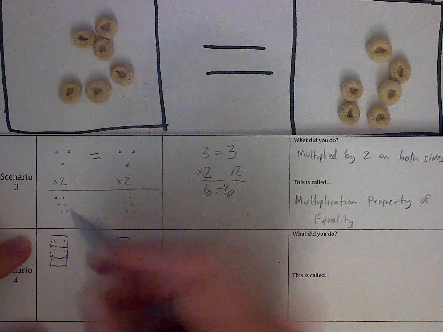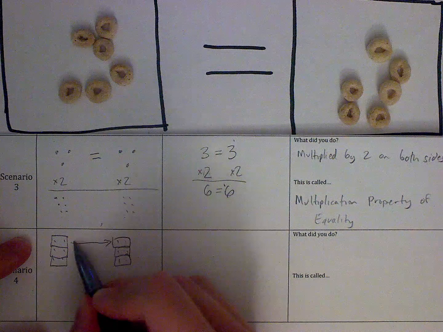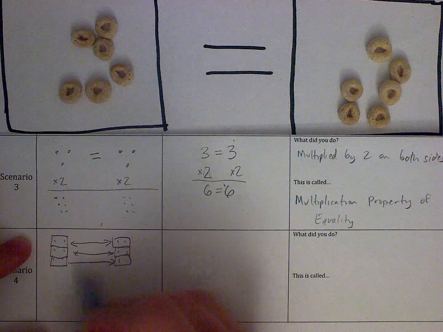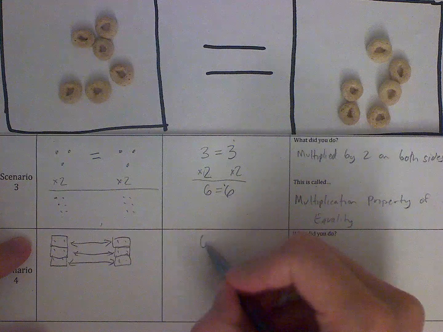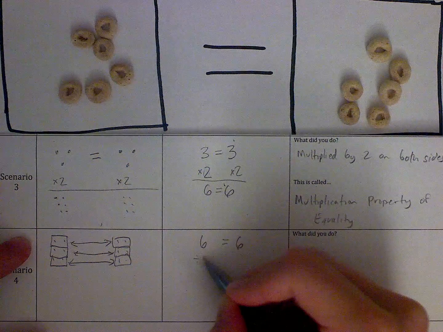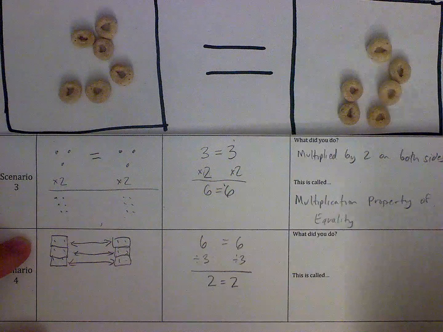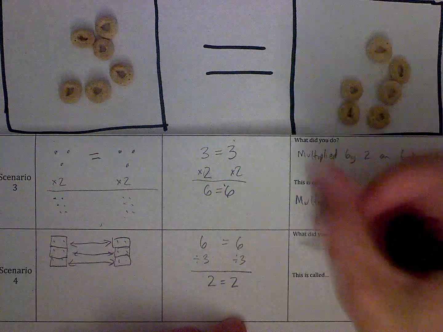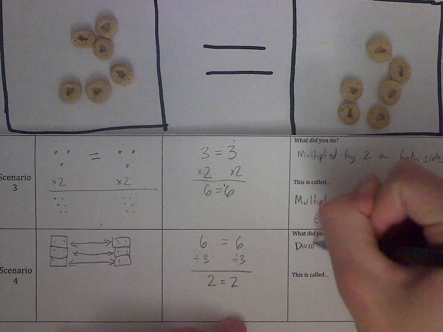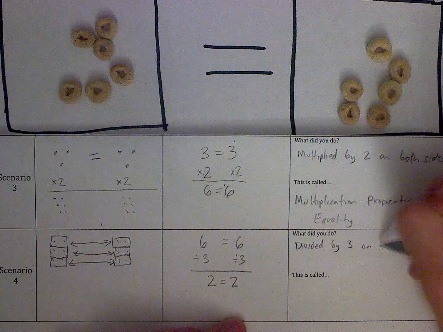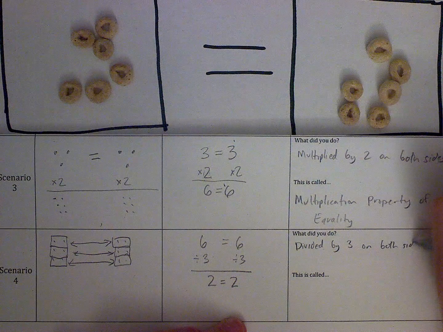I'm going to divide each side into 3 parts. And when I divide each side into 3 parts, look, these are equal, these are equal, these are equal. So when I take my 6 and I divide each by 3, what I still have is an equation, 2 equals 2. What did I do? I divided by 3 on both sides, right?